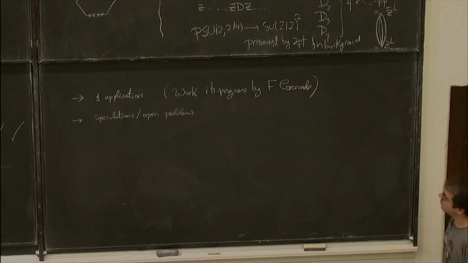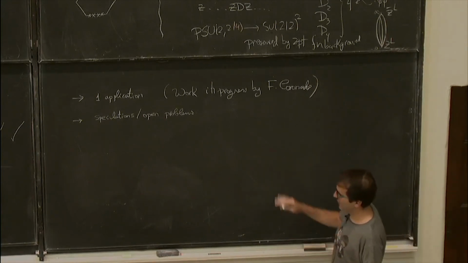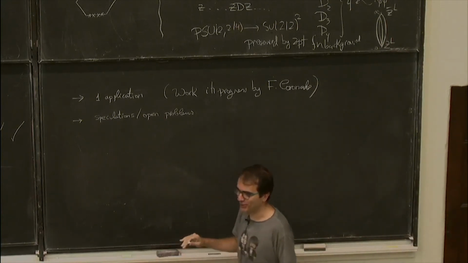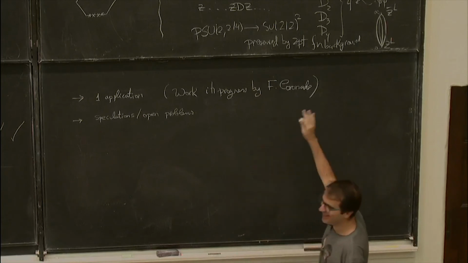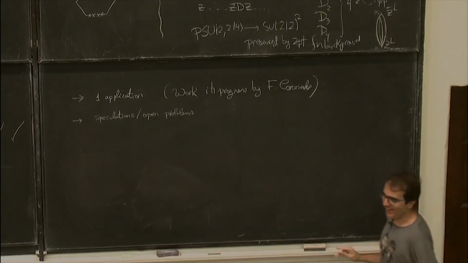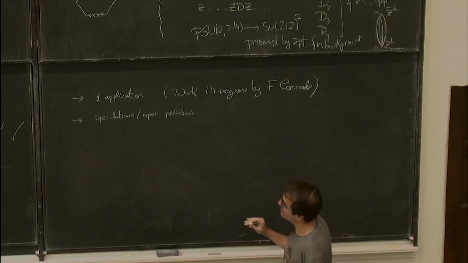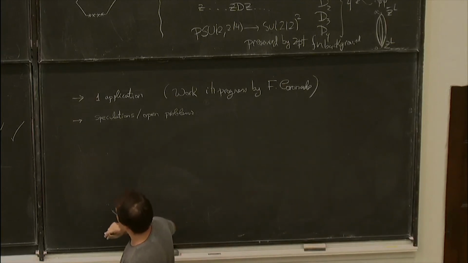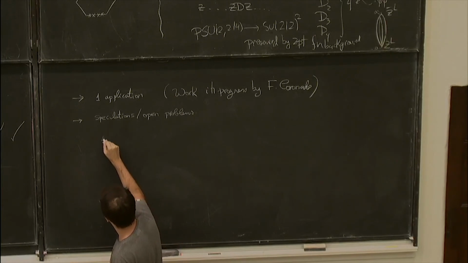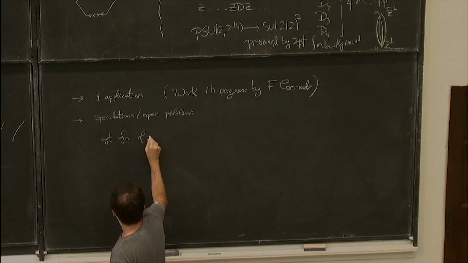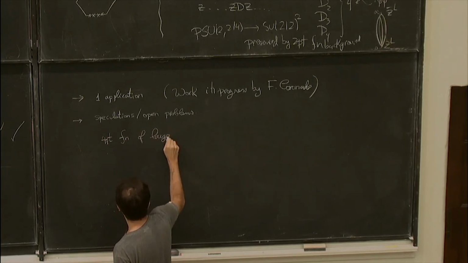And what Frank is doing, and I hope that now that it's online he will be pressured to write it up, because I did not tell him that I was going to talk about it, but okay. So he's considering a correlation function, a 4-point function of large operators.